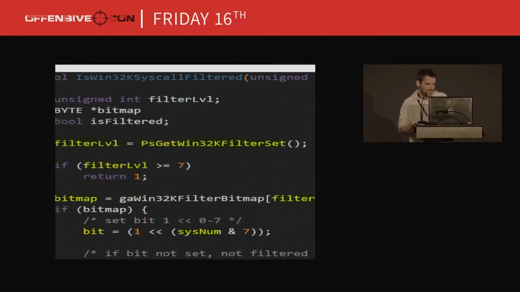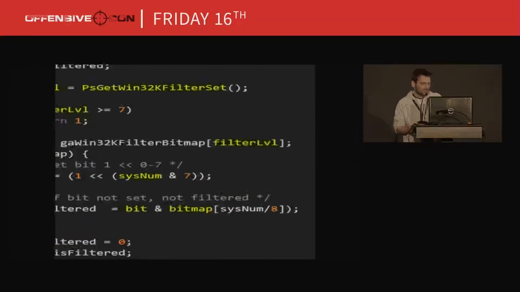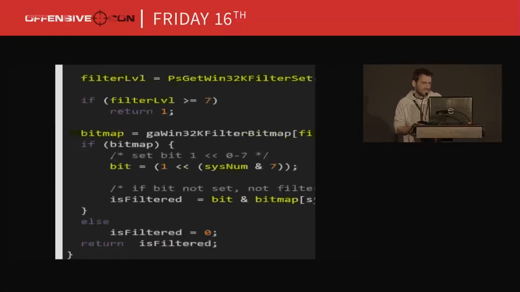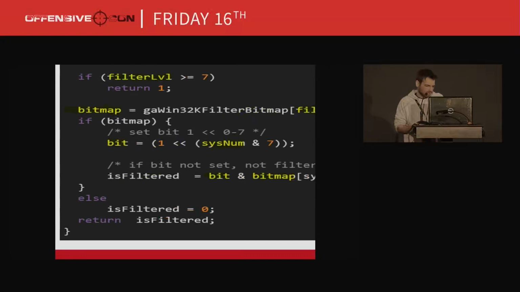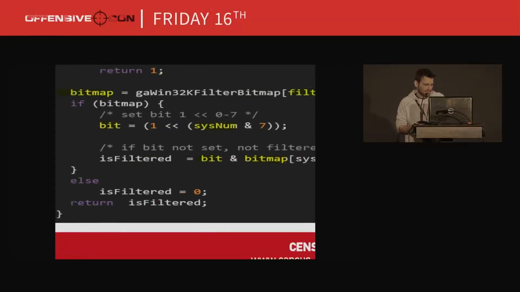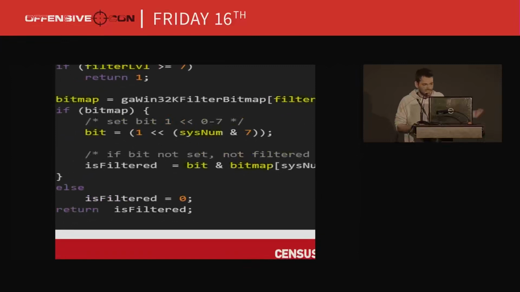We get the filter level from PsGetWin32kFilterSet, use that filter level as an index to get the bitmap for the current Win32k filter, and then based on the system call number, we check if that bit is set in that bitmap. And if it is, the system call is filtered, right?